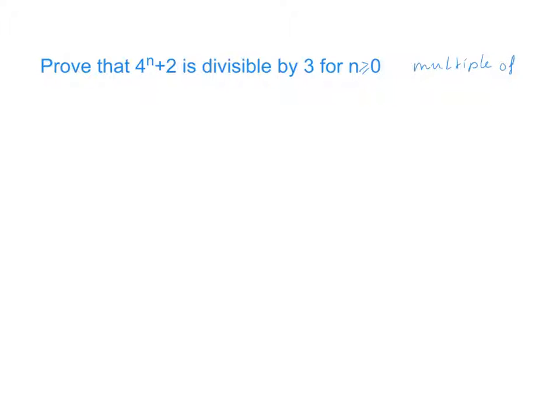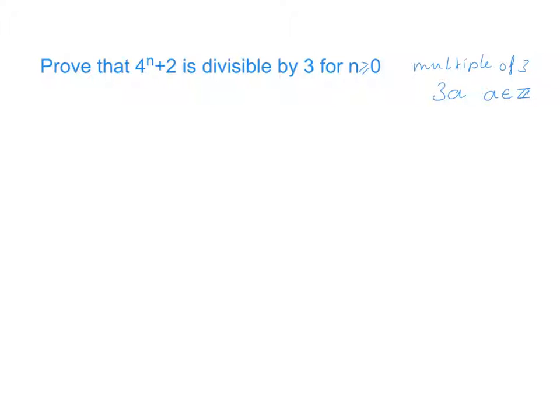So we're looking for multiples of 3. That is expressed as 3 times a, where a is any whole number. So if a is an integer, a whole number, then 3 times a is a multiple of 3.